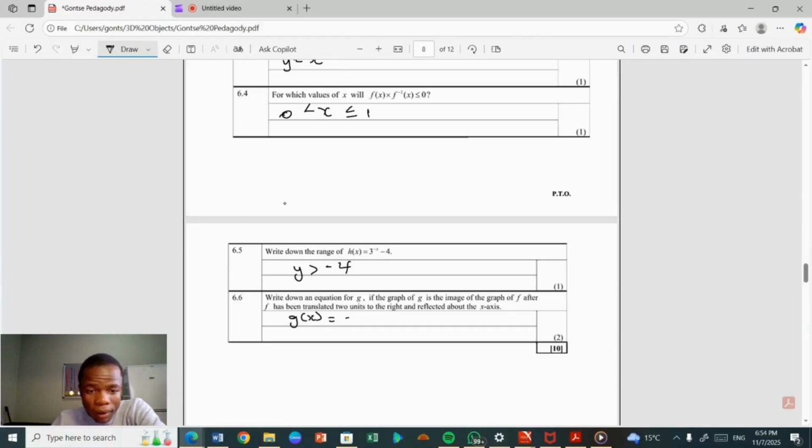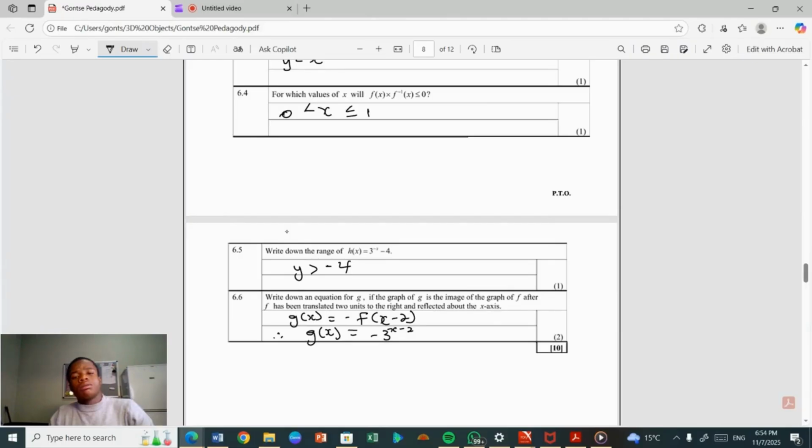Then you'll have g of x is equal to negative f of x minus 2. Then, therefore, g of x is equal to negative 3 to the power of x minus 2. So that is your answer.